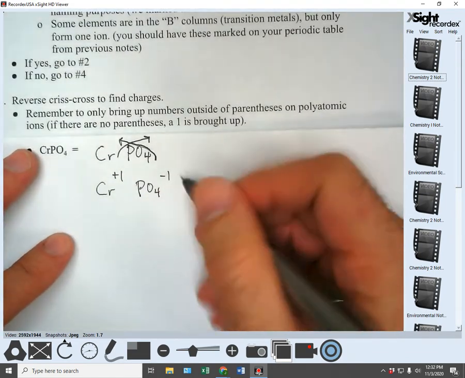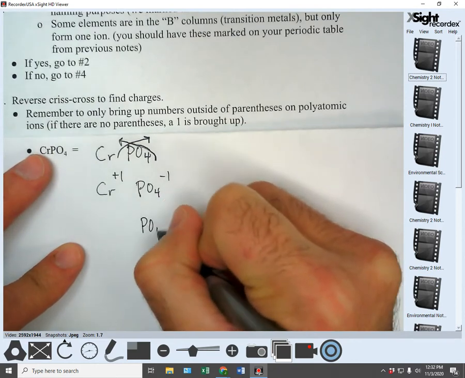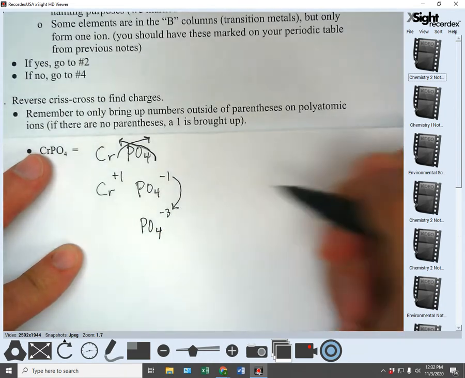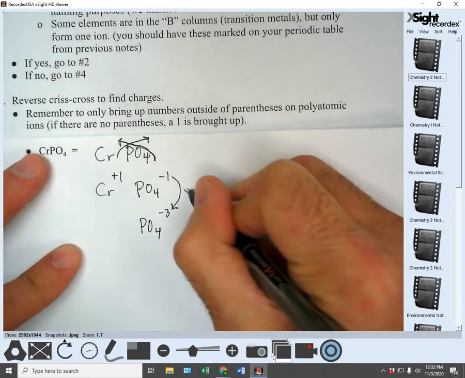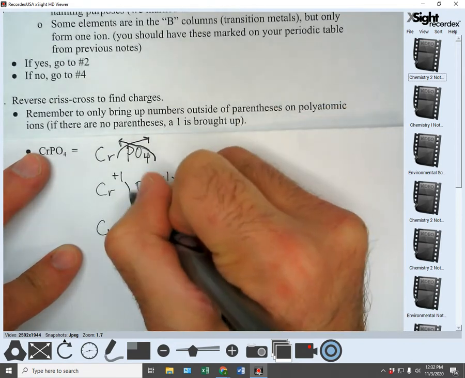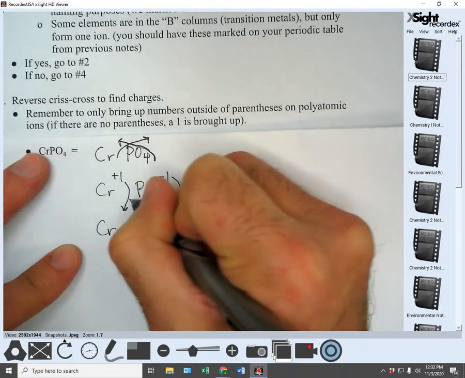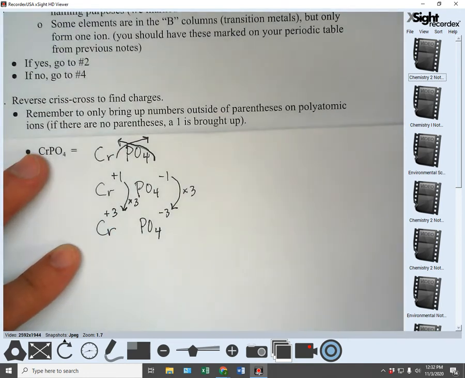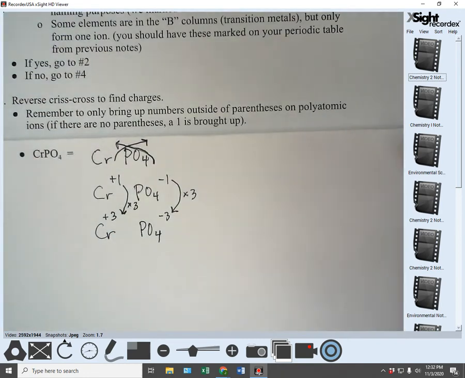So PO4 needs to be a negative 3. So what do we multiply by? We multiply by 3, right? So whatever we do to the anion, we got to do to the cation. Multiply times 3. We get positive 3. Okay? That's what it was originally.